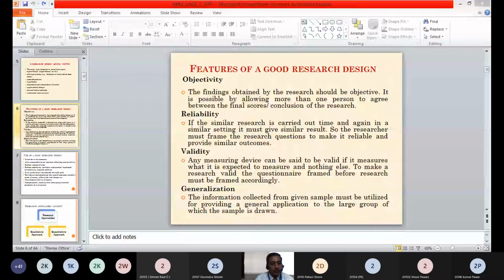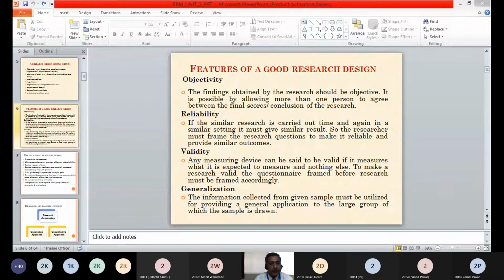So this instrument, the thermometer, is measuring what it is expected to measure in an accurate way. So we say that it is valid. Getting the point? Yes, sir.